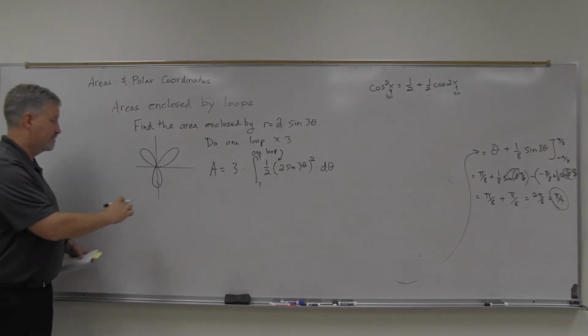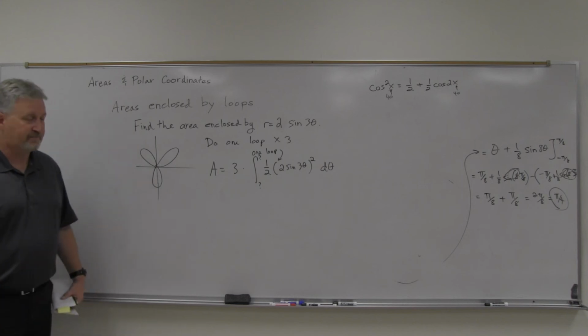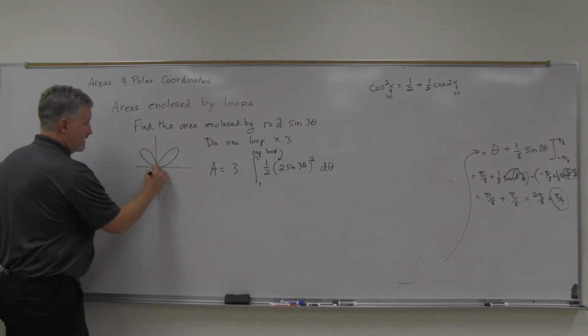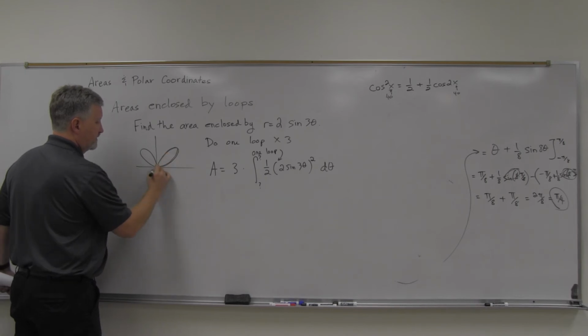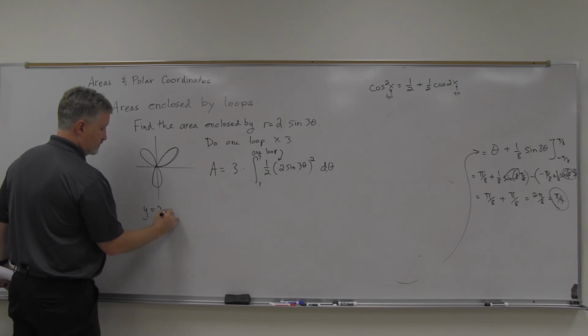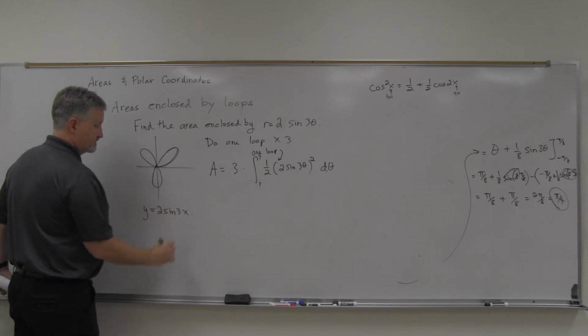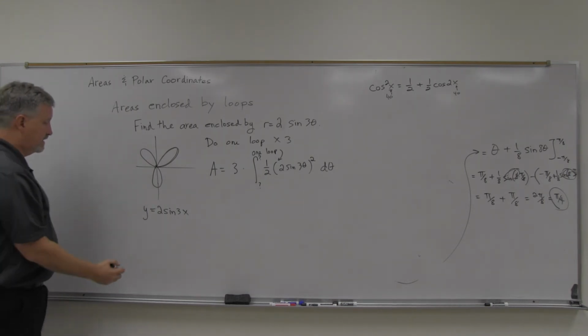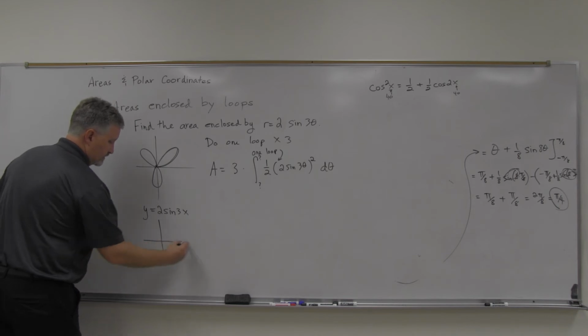Well, it may not be what you expect. To get one loop, we would go from r equals 0 to the next r equals 0. If you do it as y equals sine of 3x, you can just look at the x-intercepts and go from one x-intercept to the other.